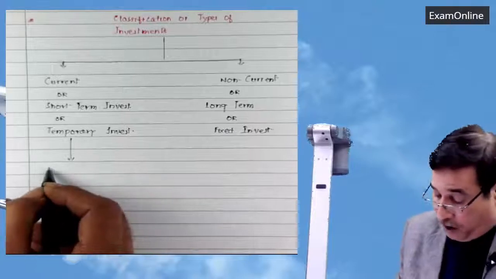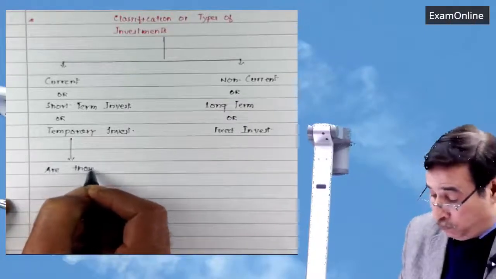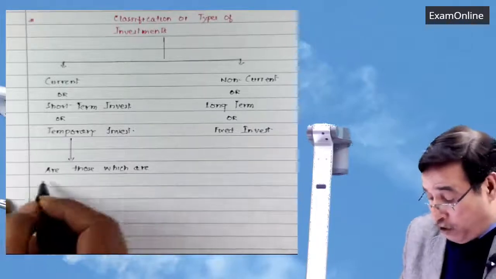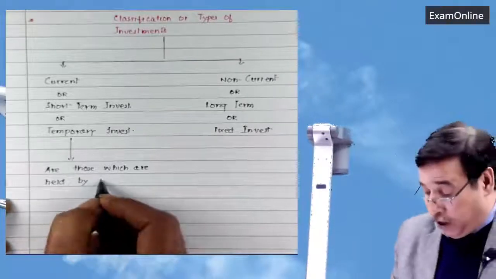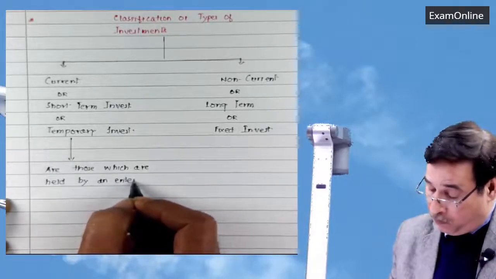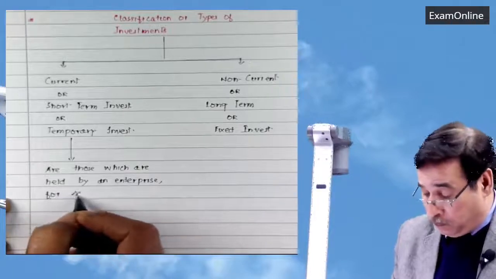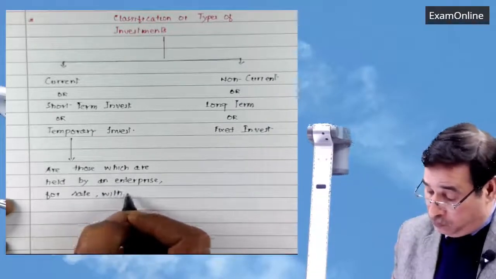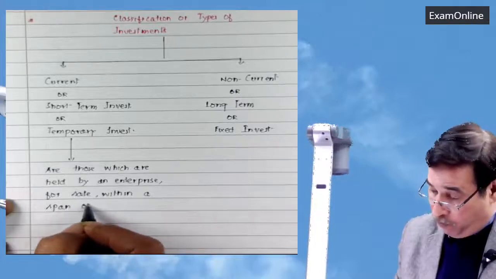So current investments are those investments which are held by an enterprise for sale within a span of 12 months.